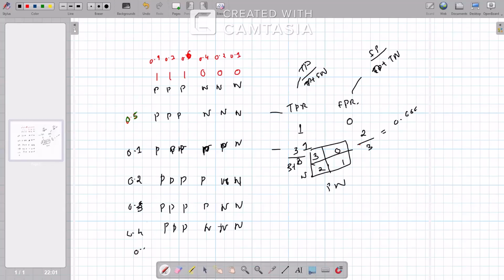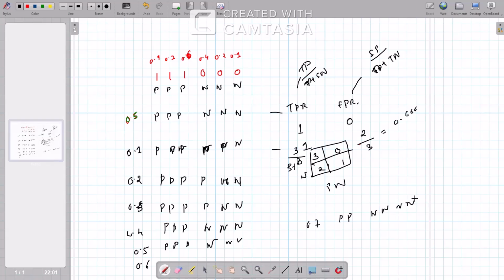If you consider 0.4, 0.5, 0.6, PPP, NNN. If you consider 0.7, what will happen? PP, NNN, right? The true positives will decrease, and TPR and FPR will change.